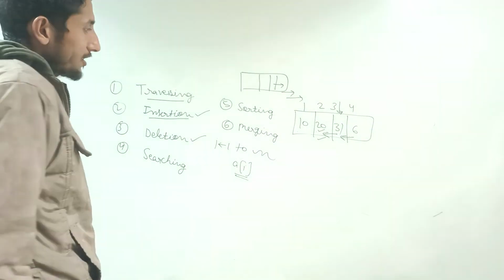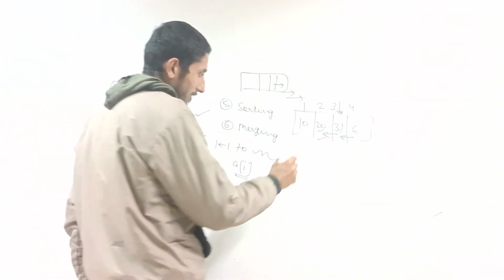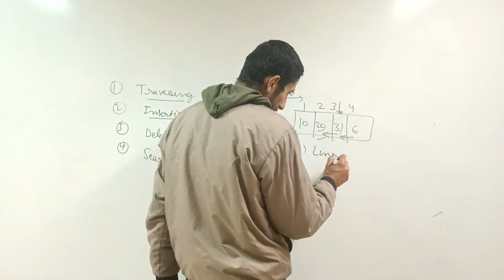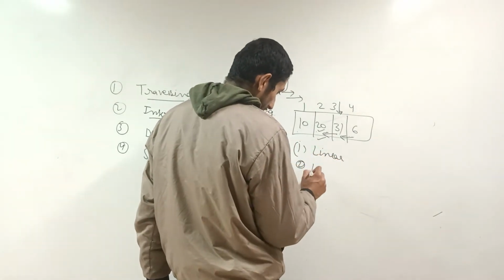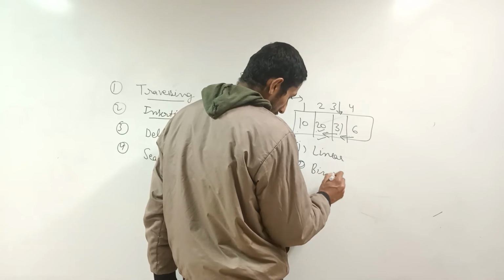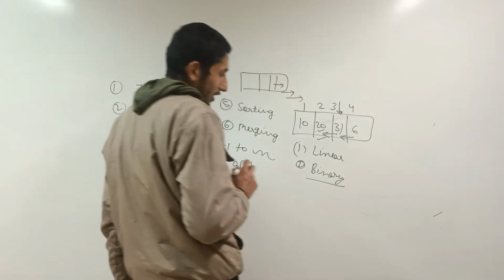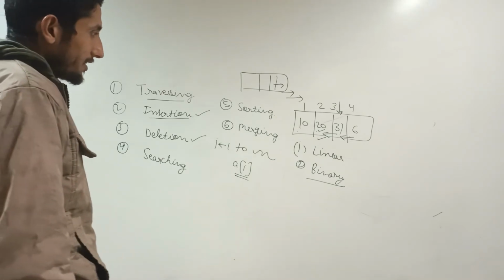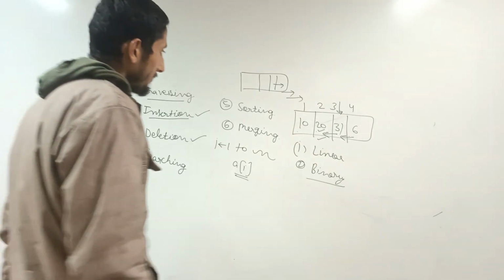Okay. And searching, so we have seen 2 types of searching inside the array. The first one is linear search and the second one is binary search. And we have seen that the condition for binary search is the elements should be in increasing order or decreasing order, that is, sorted.